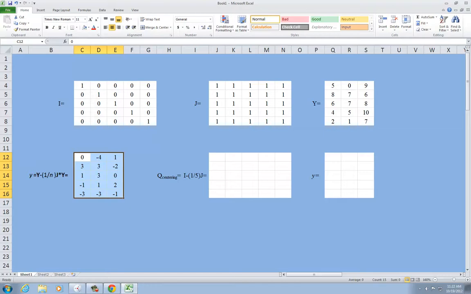Now let's demonstrate how to get this centering matrix, which we know through algebra is equal to the identity minus 1/n, and in this case our n is 5. And you multiply that by this J matrix. So let's do that here.